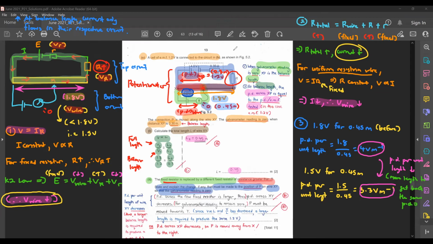So here, if I want to find out what is the new length required, let's just say the new balance length required, I take 1.2 divided by 3.3, I will get 0.36 meter.